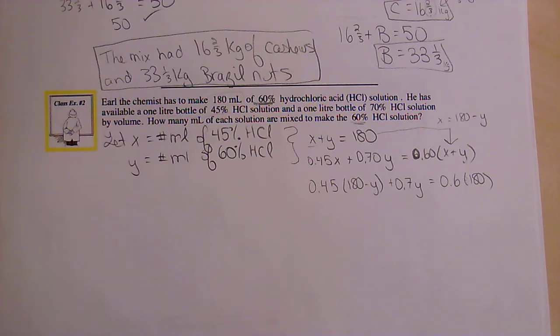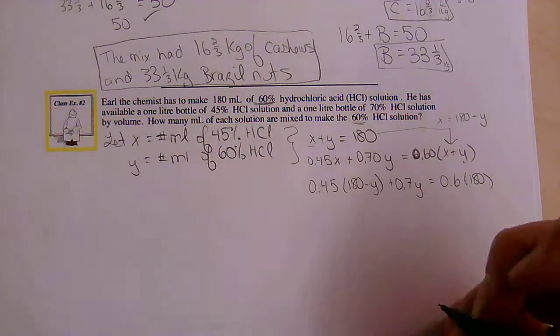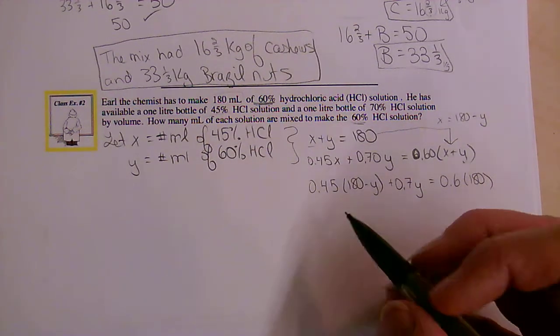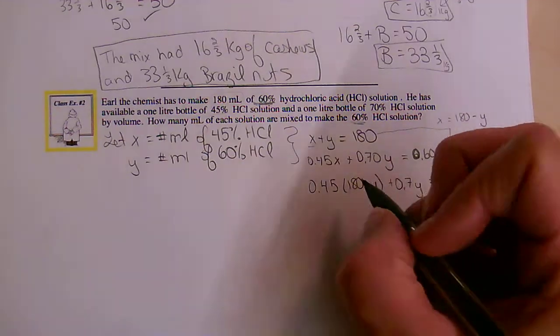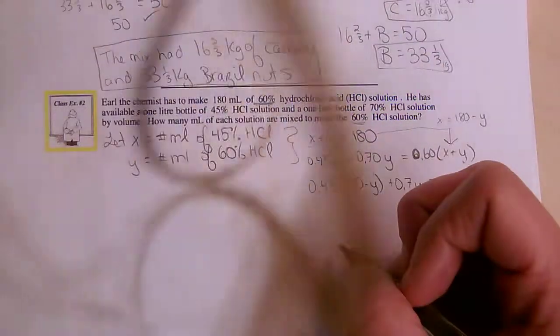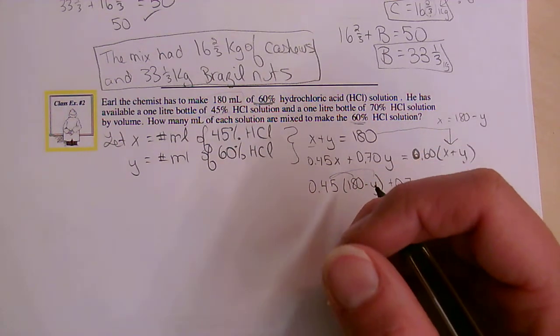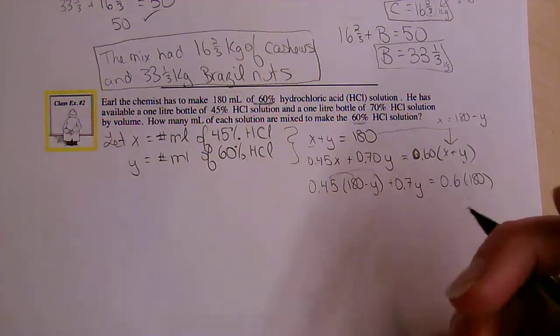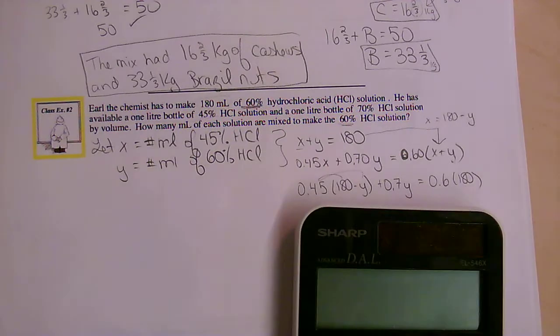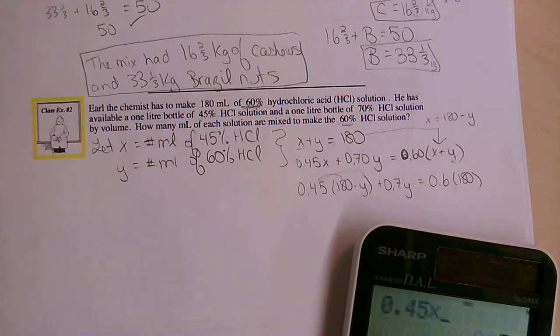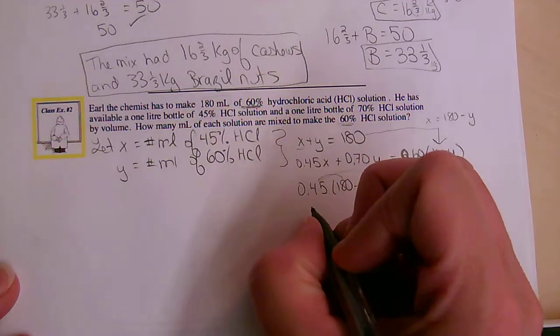All right, so now that I've got that all plugged in, I'm going to distribute. Okay, so 0.45 times, oh, I need to get my calculator.